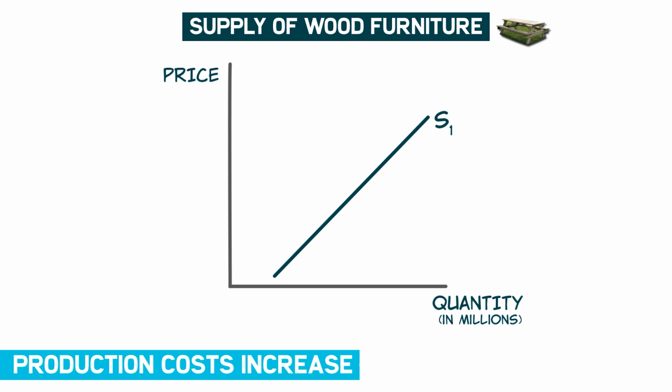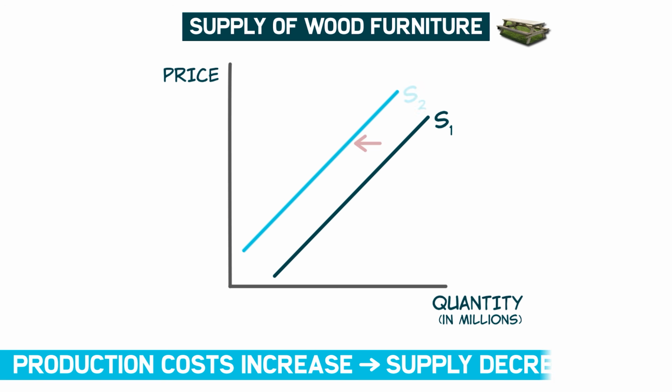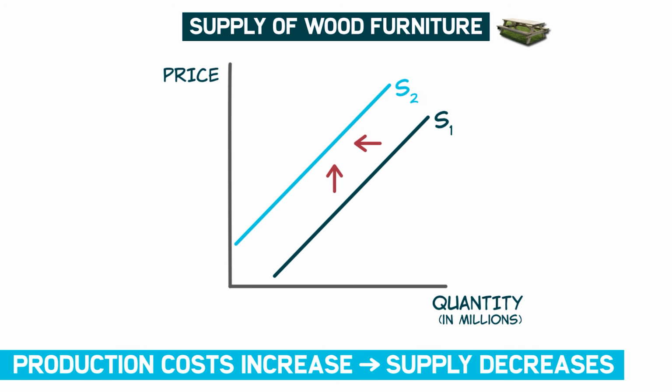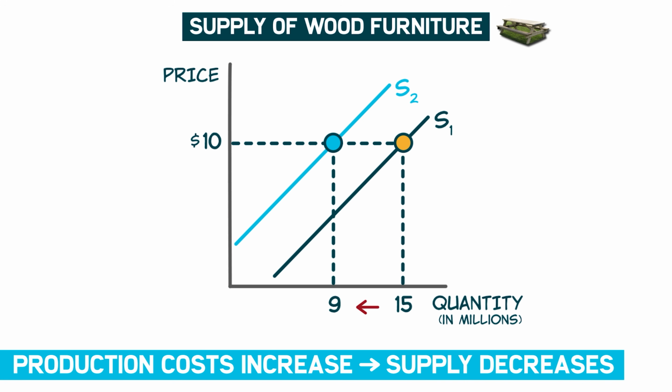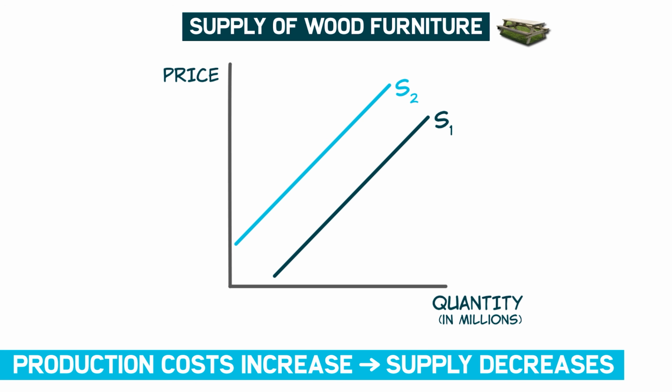That means that supply decreases, and the supply curve moves to the left and up. At any price, producers are willing to sell a lower quantity of furniture, or equivalently, they're willing to sell a given quantity only at a higher price, now that their costs have gone up.